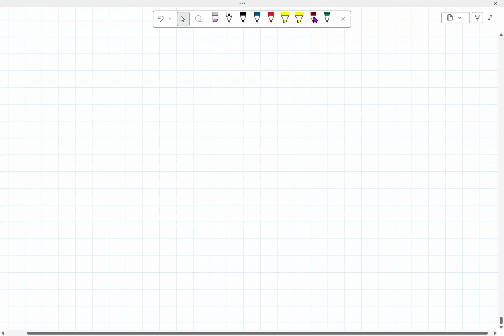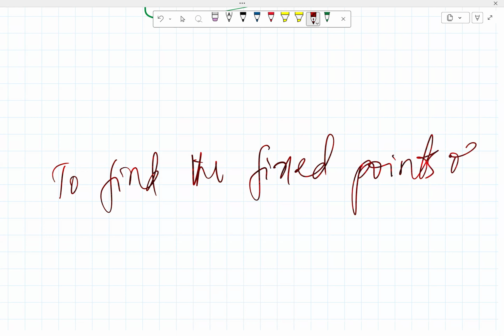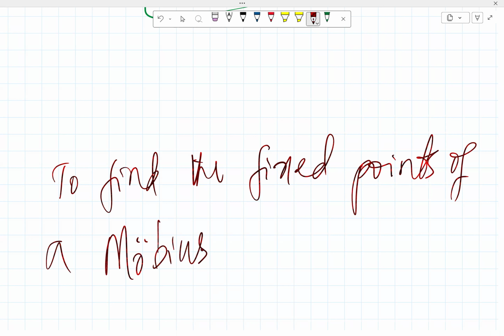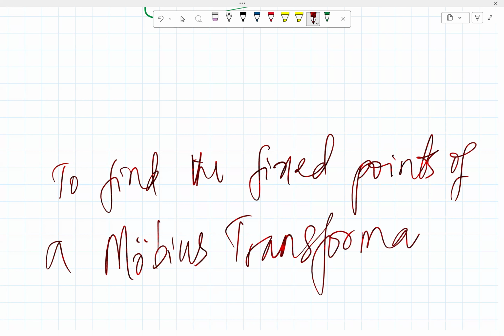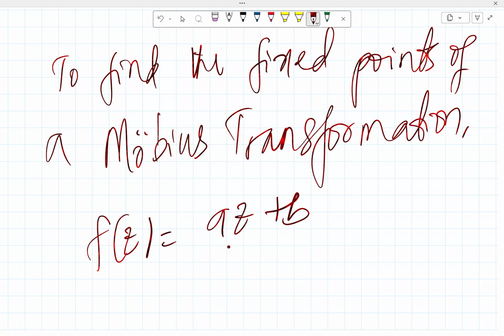Okay, so let's find the fixed points of a Möbius transformation. Of course we know a Möbius transformation is f of z equals az plus b all over cz plus d.